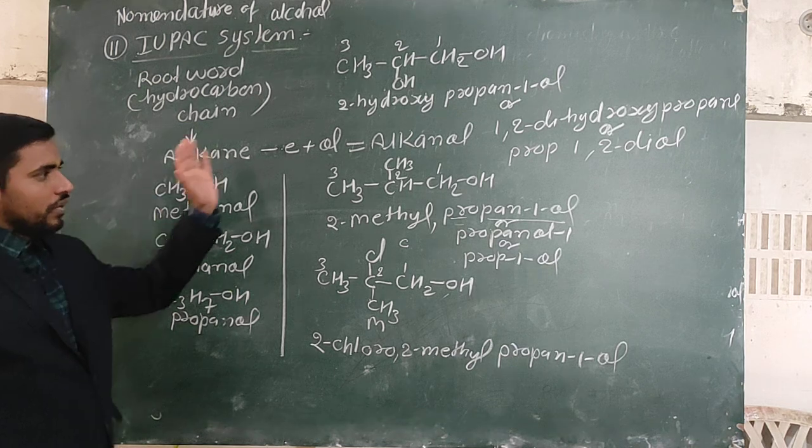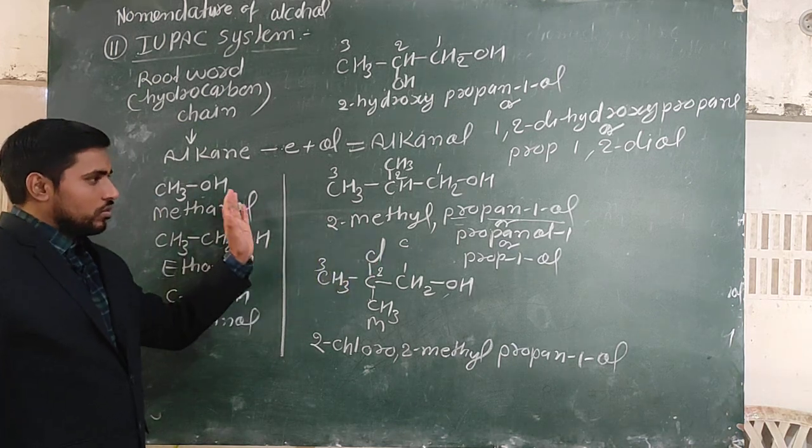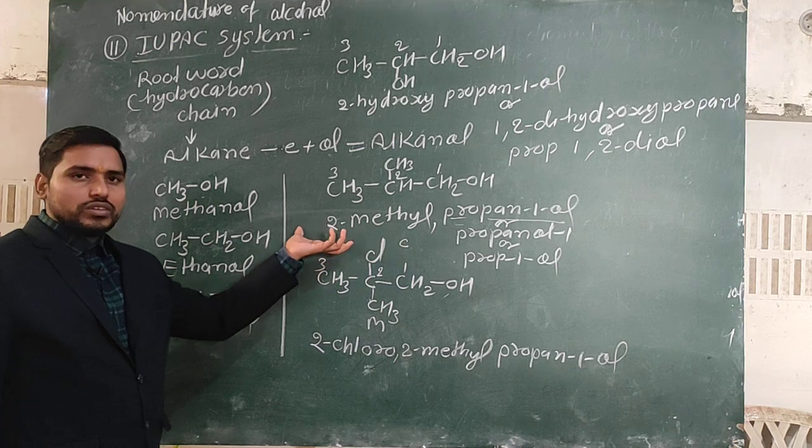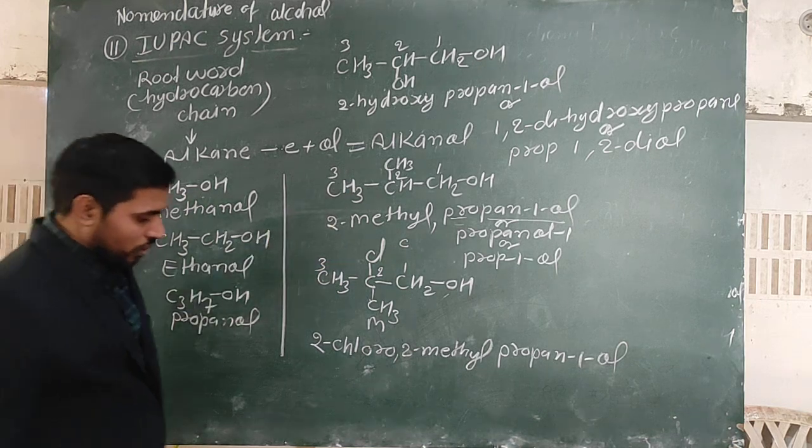If we take different types of side chains, then this is how we can easily understand the name of an alcohol.